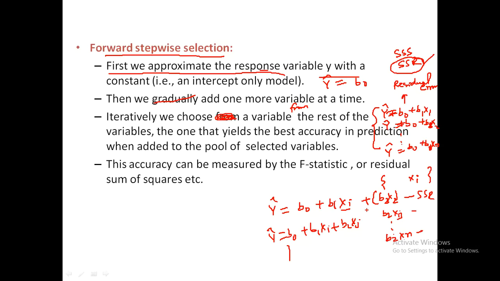Okay. So in every iteration we shall construct the model considering one feature for all the remaining features, compare the SSR, whichever gives least amount of SSR, that particular xi will be considered.